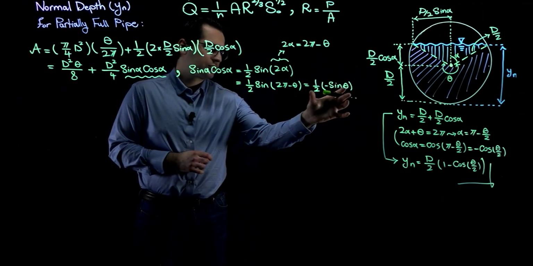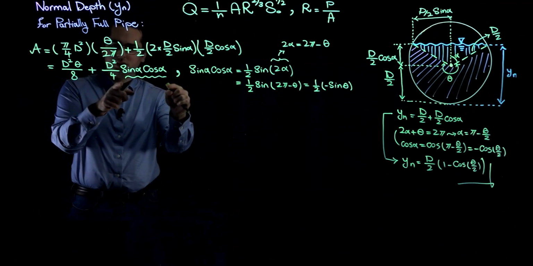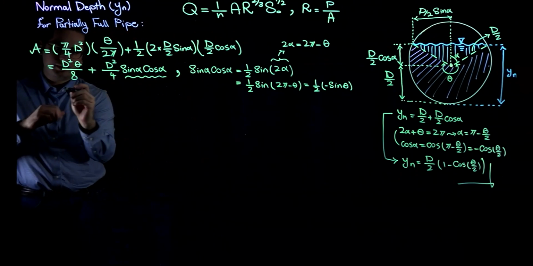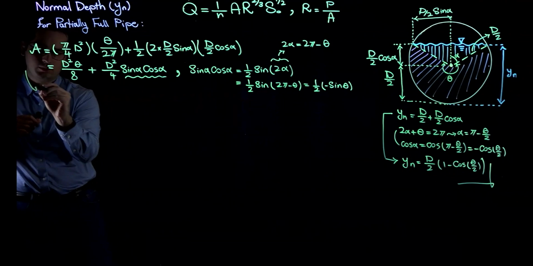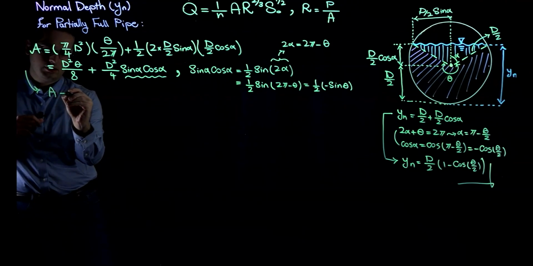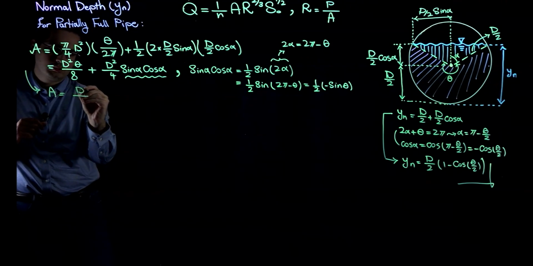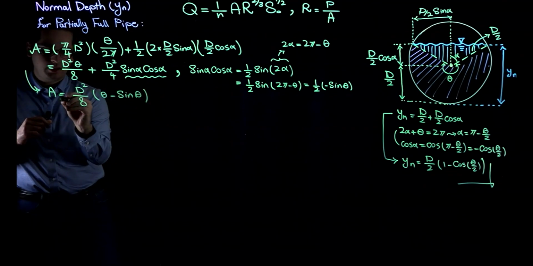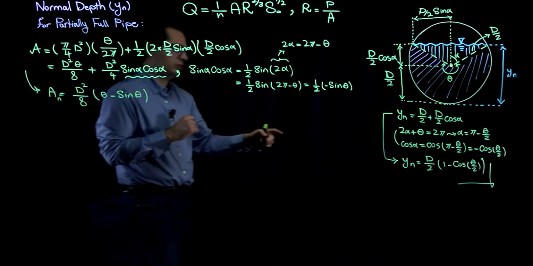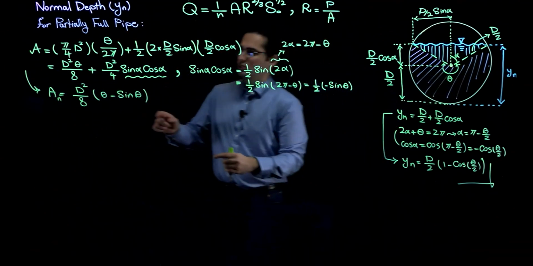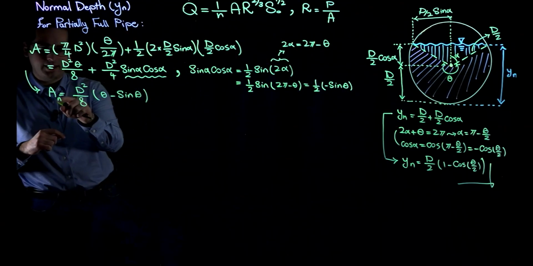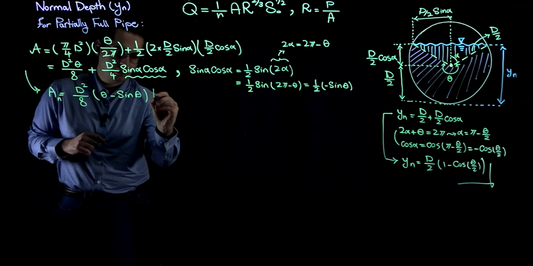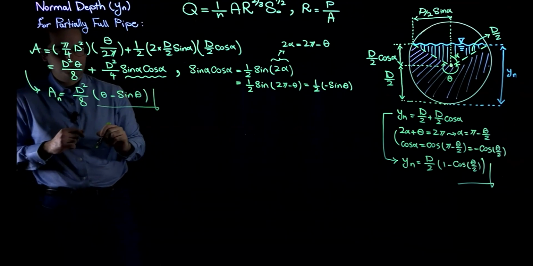All right, I'm going to put this right over here and then simplify this equation. Eventually, area is going to be, all right, so this is going to be the area when you have normal flow. So when you have normal flow, this is going to be your area. That's why I added this n over here. So this was another equation that we are going to use.